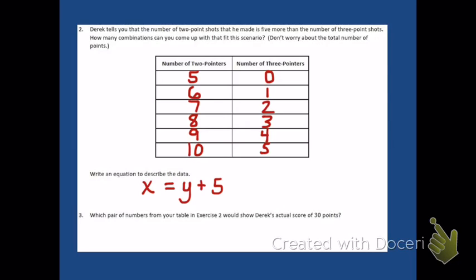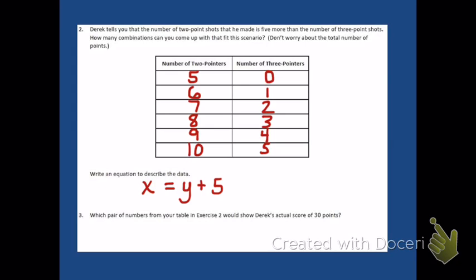Notice that all of the ordered pairs up here are going to work in this equation. If I put in 2 for y, 2 plus 5 is 7, I get 7 for x. So all of these points will be true in this equation.